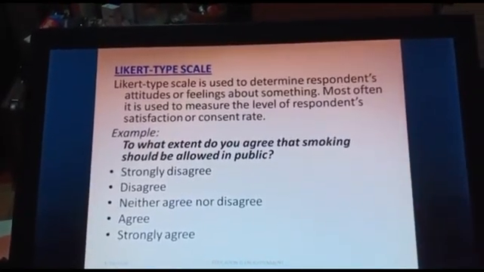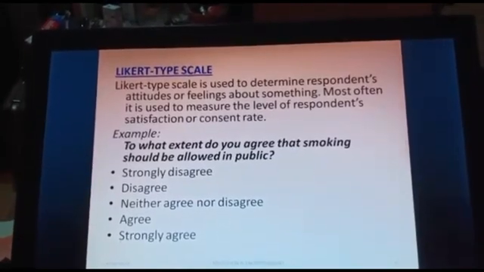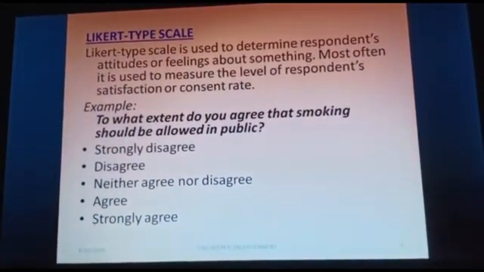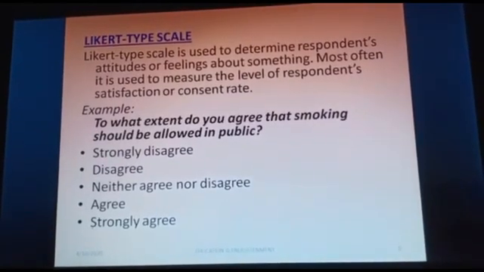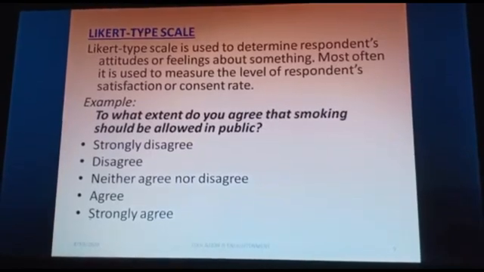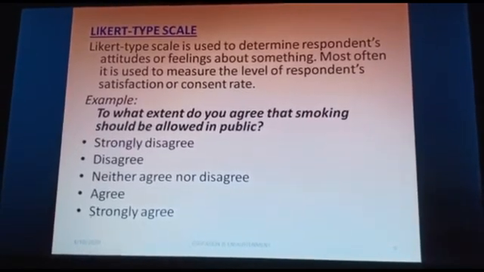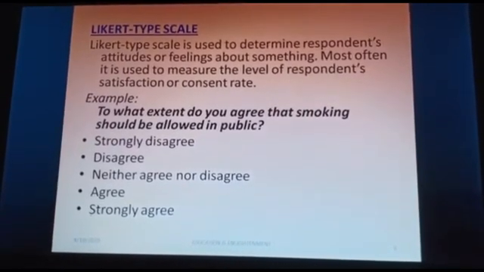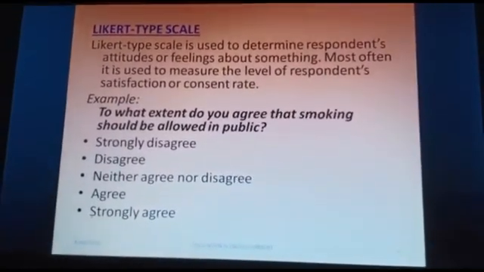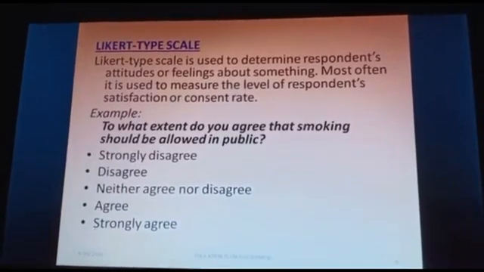Next we have the Likert type question. The Likert type scale is used to determine the respondent's attitudes, feelings or perception about something. Most often it is used to measure the level of respondent's satisfaction or the consent rate. For example, there may be a question, to what extent do you agree that smoking should be allowed in public?